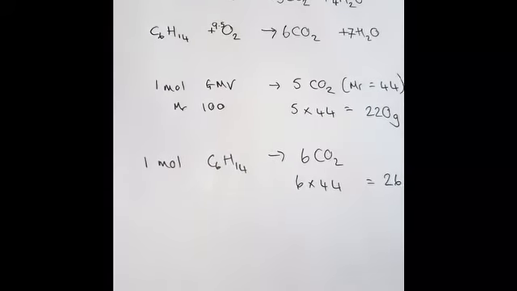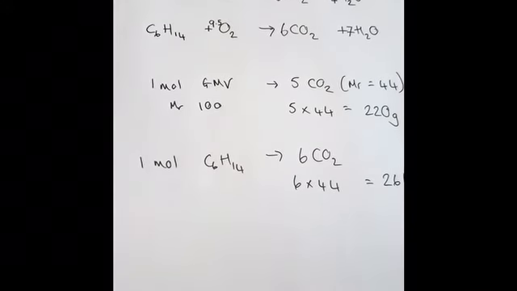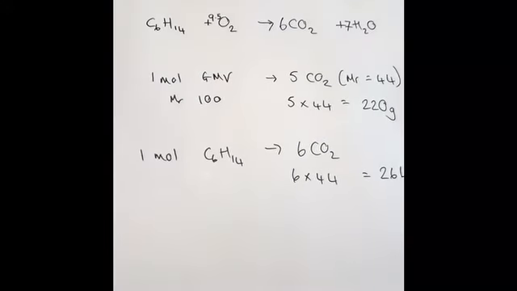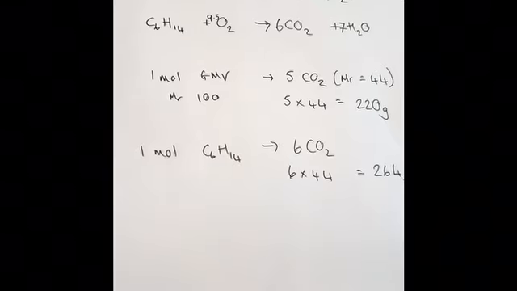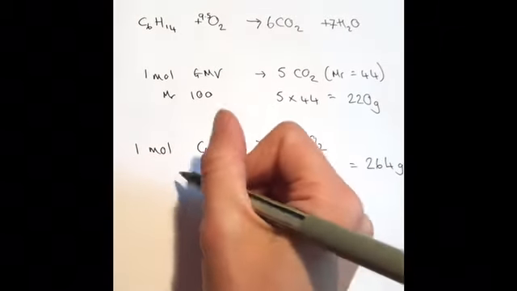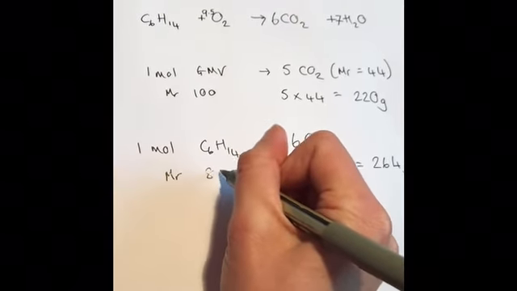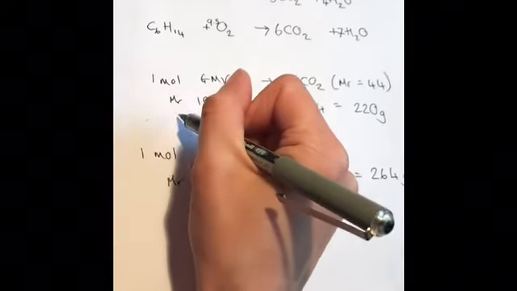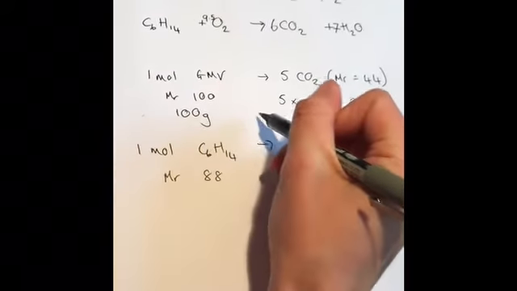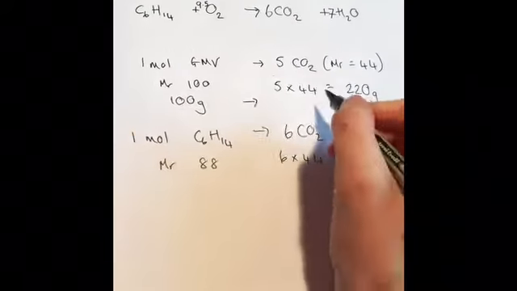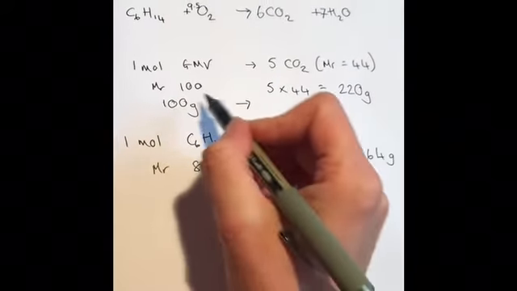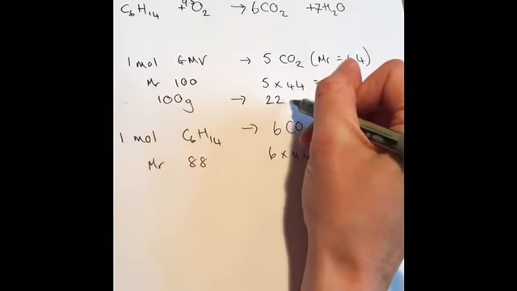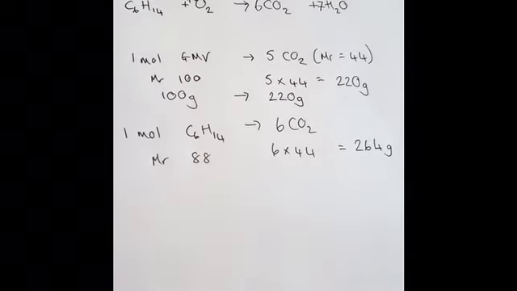And then hexane, 6 carbons, 14 hydrogens, that has an Mr of 86. All right, so 1 mole of GMV would be 100 grams. 100 grams of GMV gives us 220 grams of carbon dioxide.